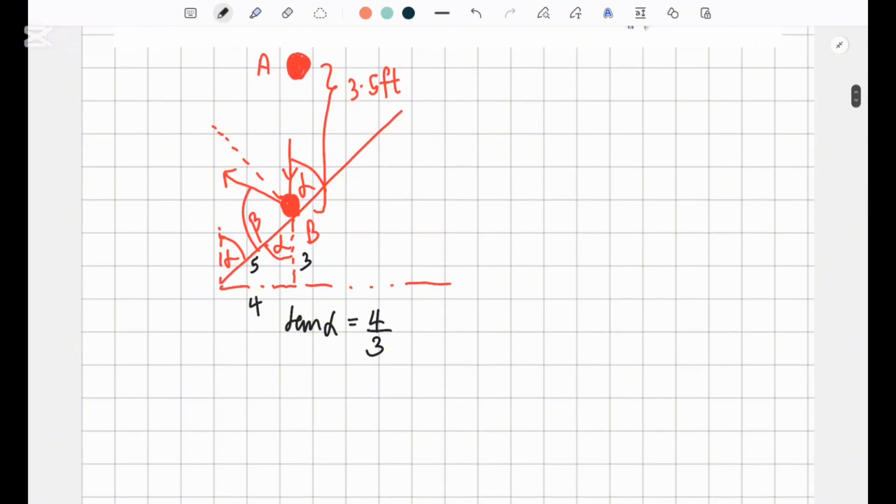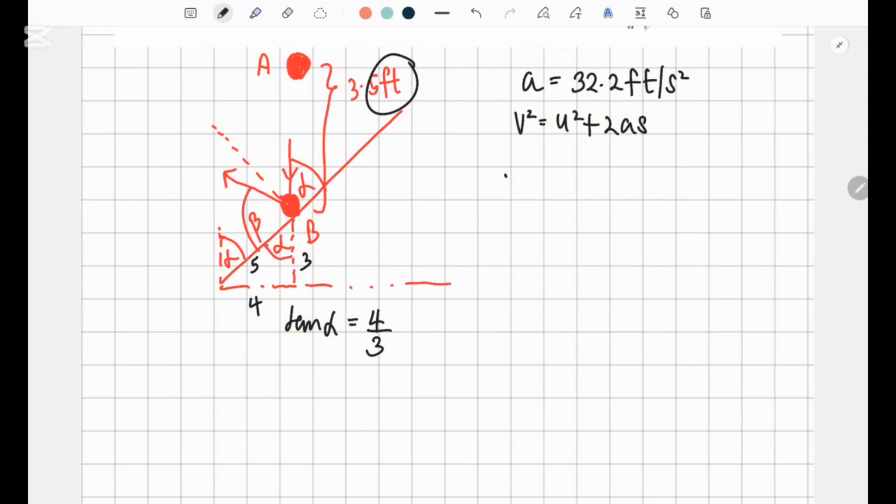To find that, let's first find the vertical speed at which it hits B. v squared equals u squared plus 2as. Since they've given the distance in feet, we need the acceleration in feet, which is 32.2 feet per second squared.